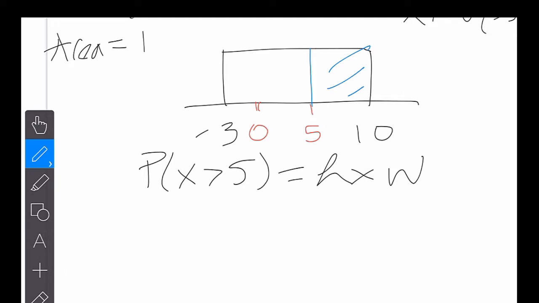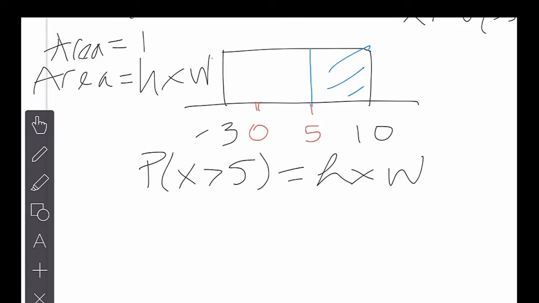So area must also be the height times the width of the whole thing. Now this formula looks familiar, but I'm referring to different boxes, okay? You have to identify which widths I'm talking about. For the entire thing, the height I'm referring to is this one, and the width I'm referring to is the whole width.